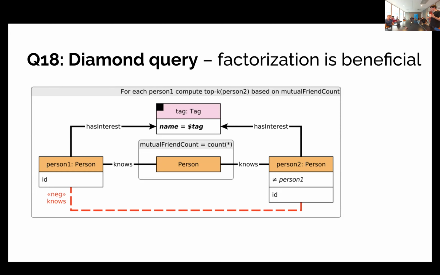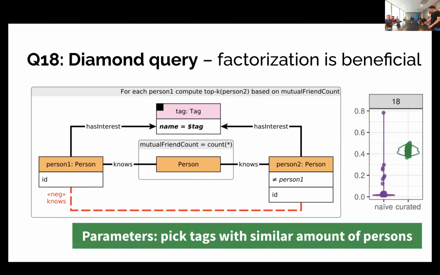The trick here is that we are not interested in the interim persons individually, we're just interested in their count. If you use a factorized representation, you can get away without actually enumerating those people, and counting them becomes a much simpler operation. And finally, this is, of course, easy parameter generation-wise.